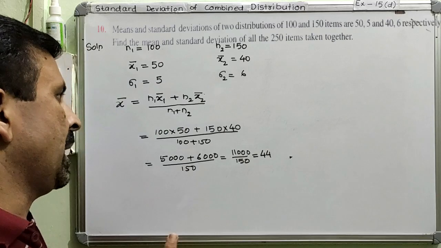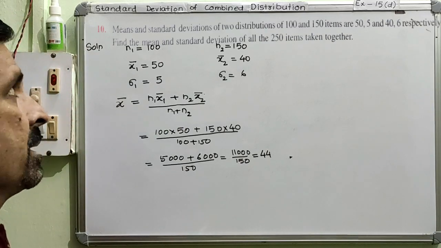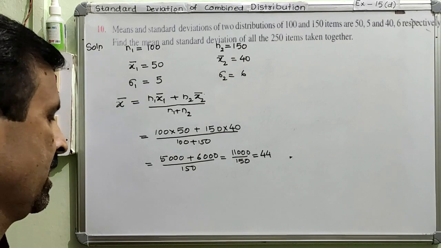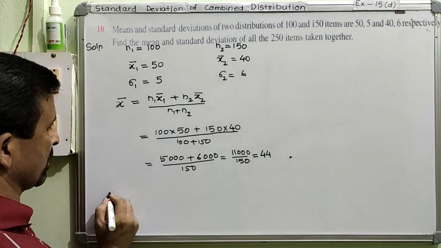Is this alright? Now we are moving on to the standard deviation. You will have to do some exercise, because the formula is what? Let us write down the formula once again.